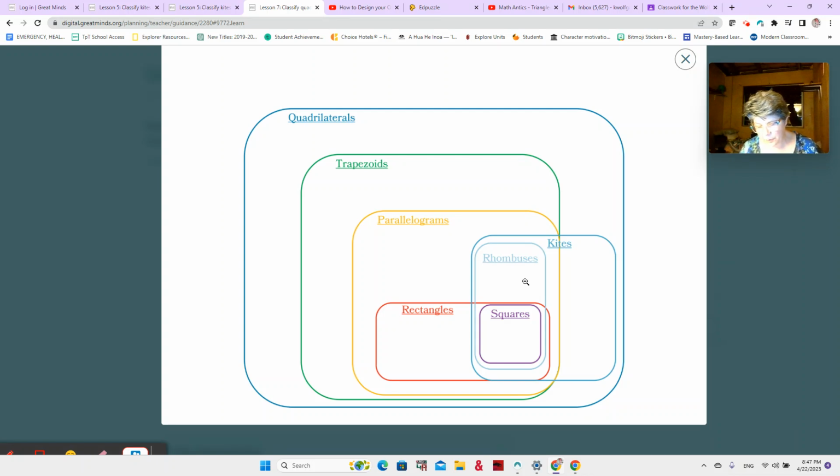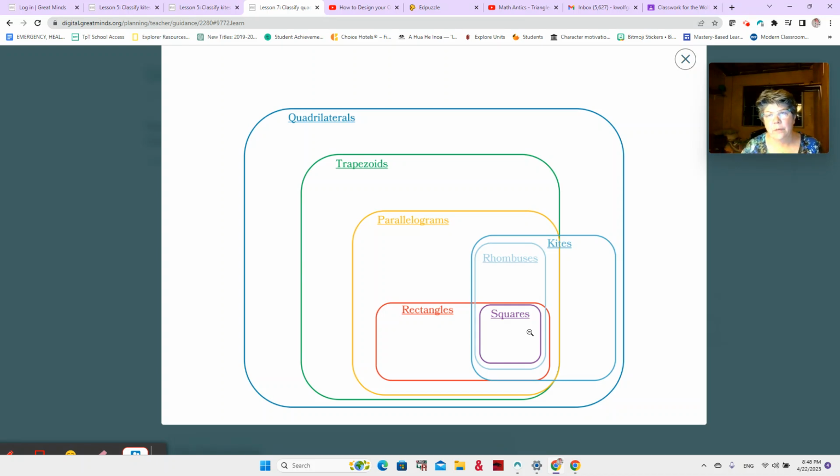Why is the section for squares inside both the section for rectangles and the section for rhombuses? You see that? Because they're both rectangles and rhombuses. They have equal sides, right? So that makes them a rhombus. And it also makes them a rectangle because a rectangle has right angles. Now remember, in kindergarten and first grade, a rectangle is longer on one side and shorter on the other side, right?